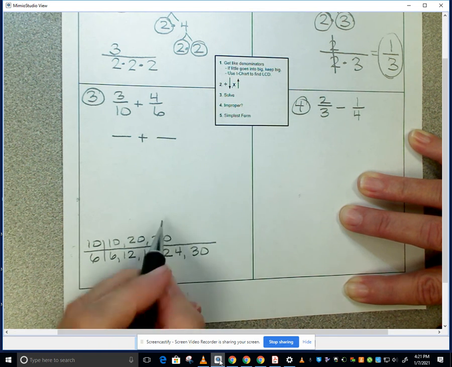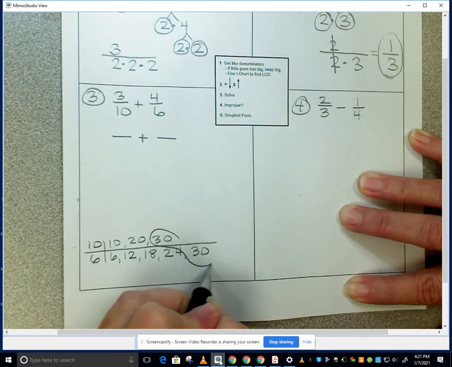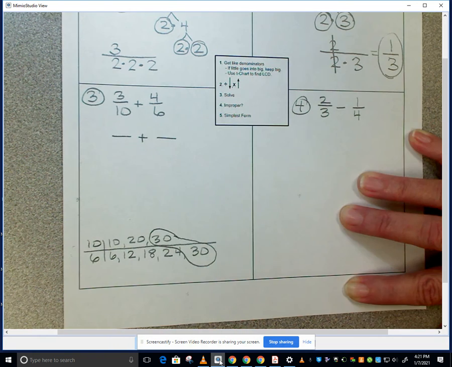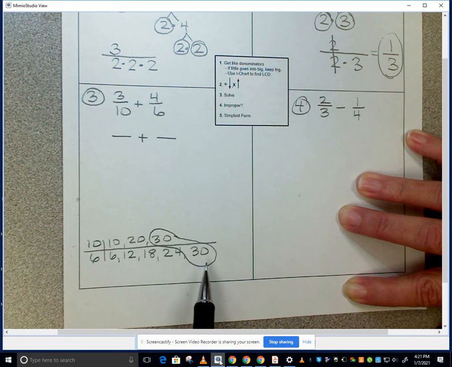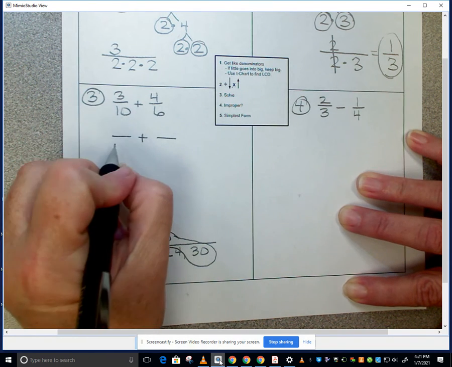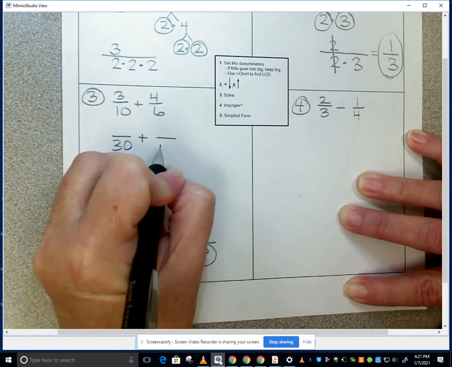Look. Do you see this number 30 right here? It matches on top and bottom. That means that is the lowest multiple that 10 and 6 have in common. So I'm going to use 30 as my new denominator.